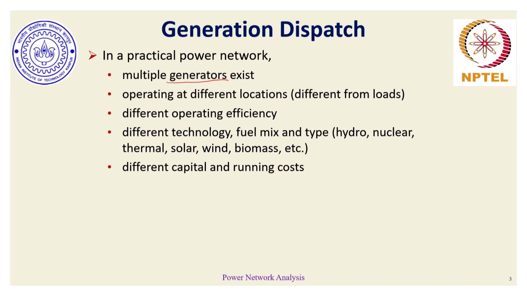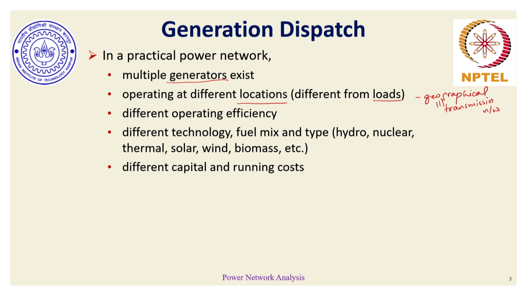These generators are placed at different locations in the power network, and often these locations are not the same locations where the loads are present. So there's a huge geographical disparity between the locations of the generators and the loads, and that's where the transmission network comes in to balance out this geographical disparity.